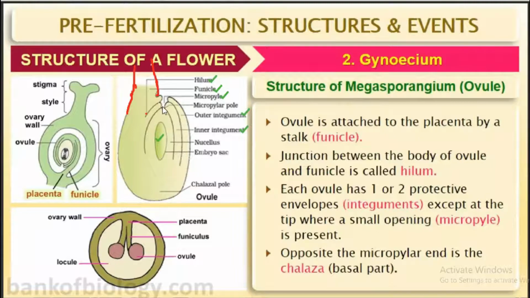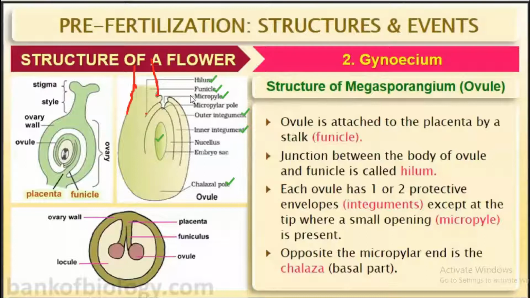The opposite side of the micropylar end is known as the chalazal part, or the basal part. Chalazal pole or basal pole means there are two protective layers, the outer layer that is the outer integument and the inner layer that is the inner integument. Then there is a part where the integument is absent. That part is known as the micropyle.